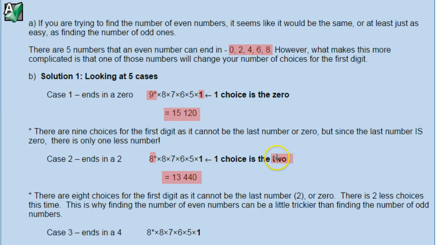Now if we do that for 4, 6, 8, we end up with the same result. So 2, 4, 6, 8, that gives us 4 other cases. So 4 times 13,440 plus 1 times 15,120 should give us our total.